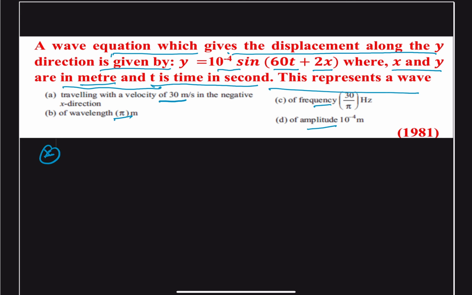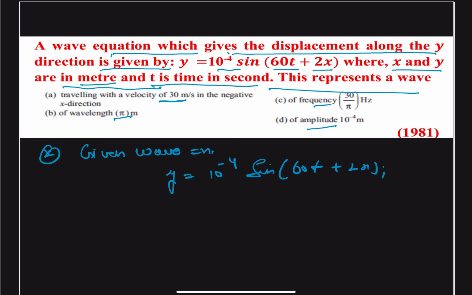We are given the wave equation: y equals 10 to the power minus 4 sine of (60t plus 2x).